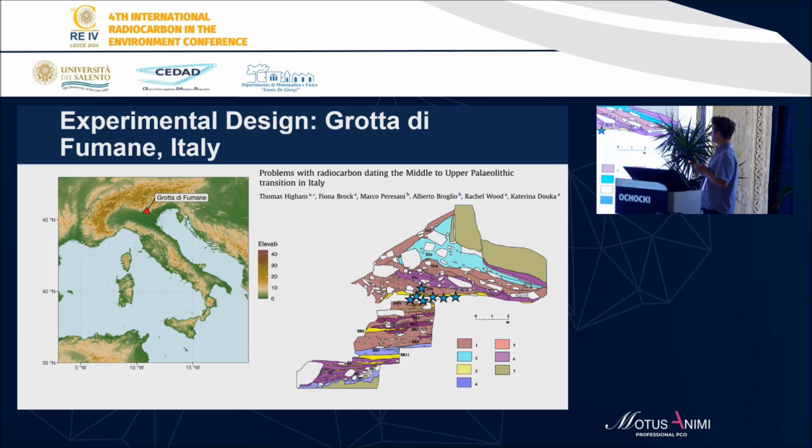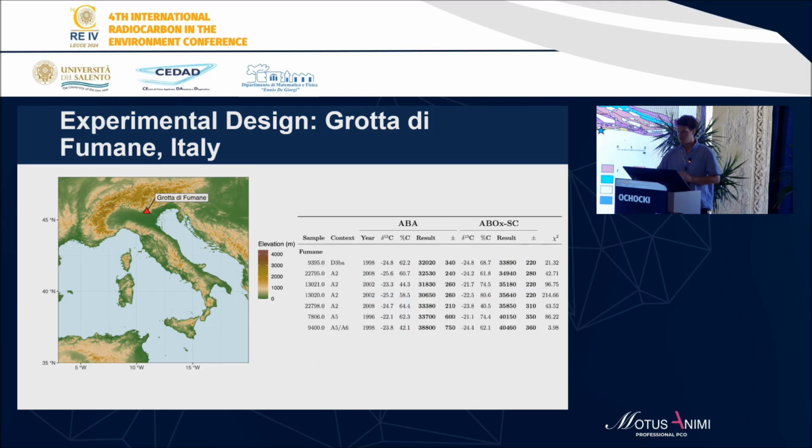And these blue stars on the stratigraphic diagram are where the samples came from. These are Middle to Upper Paleolithic layers, so at the transition there. And this paper at the top is the paper that showed these differences for this charcoal at Fumane.